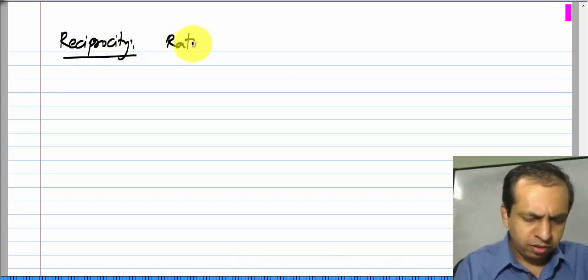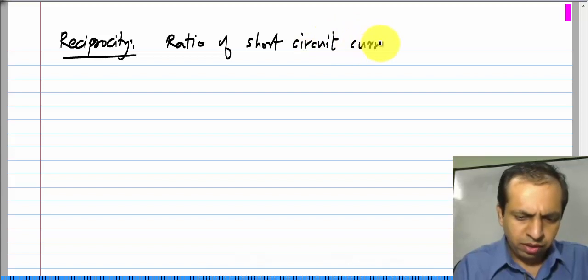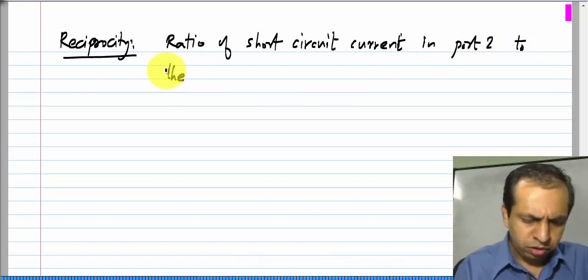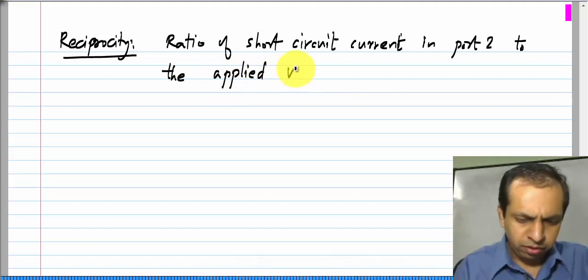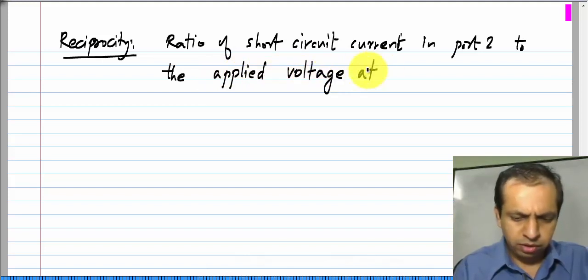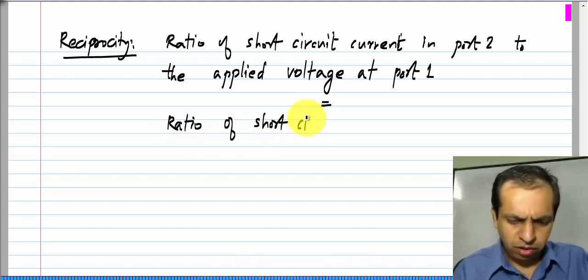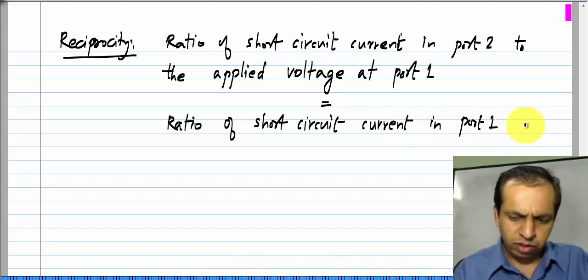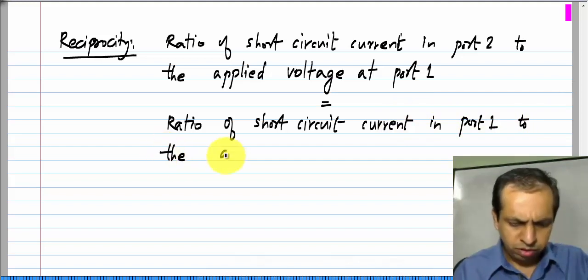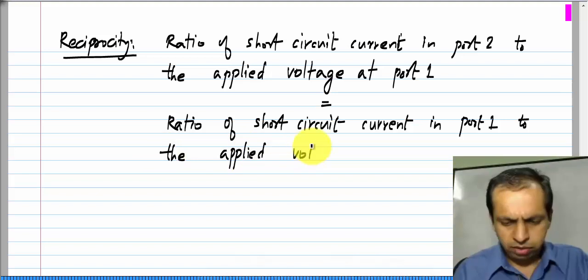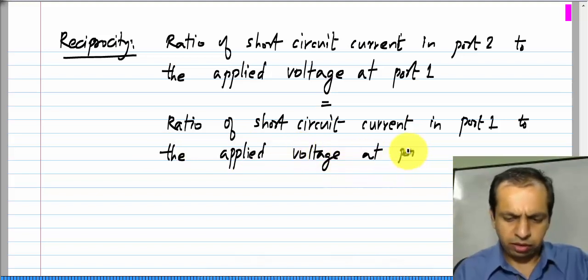Reciprocity means ratio of short circuit current in port 2 to the applied voltage at port 1 equals ratio of short circuit current in port 1 to the applied voltage at port 2.